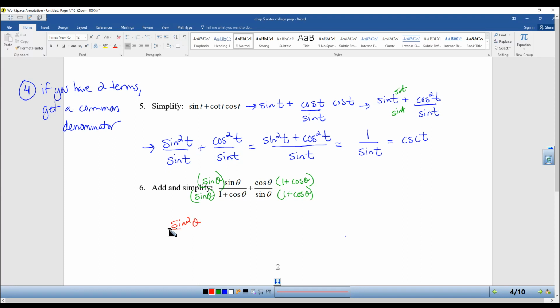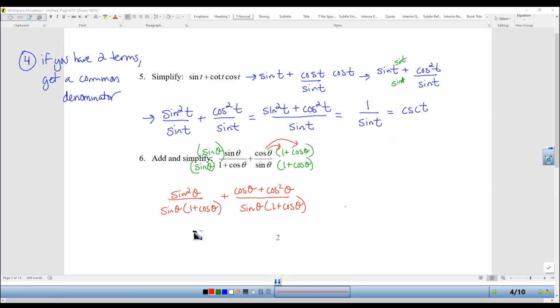So now I have sine squared theta over sine theta times 1 plus cosine of theta, plus cosine of theta, I'm distributing here, plus cosine squared theta all over sine theta times 1 plus cosine of theta. They have a common denominator, so now I can write them as sine squared theta plus cosine of theta plus cosine squared theta all over sine of theta times 1 plus cosine of theta.